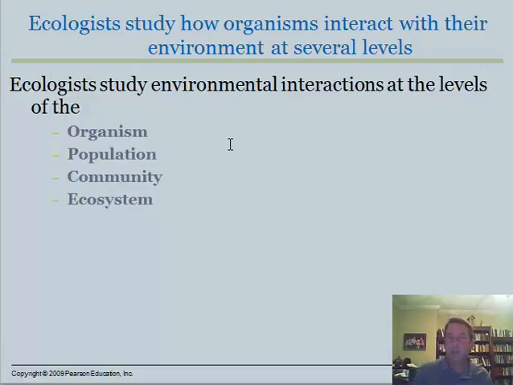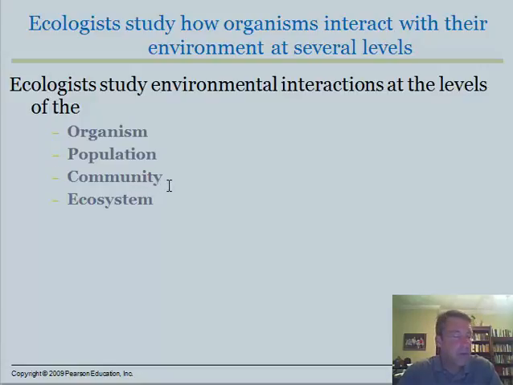You could study a particular organism and see some of its features that help it fit into that environment. The next level is a population. A population is a group of the same species that can breed and produce fertile offspring.